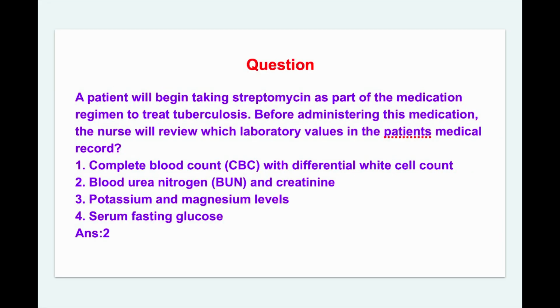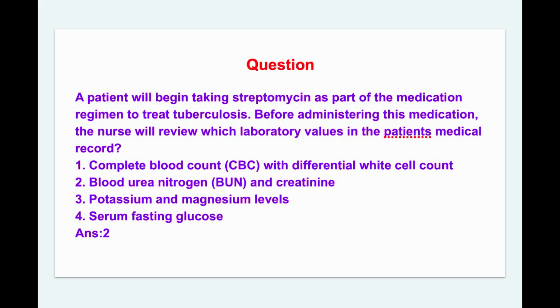Next one: a patient will begin taking streptomycin as part of the medication regimen to treat tuberculosis. Before administering this medication, the nurse will review which laboratory values in the patient's medical record? Definitely blood urea nitrogen and creatinine.